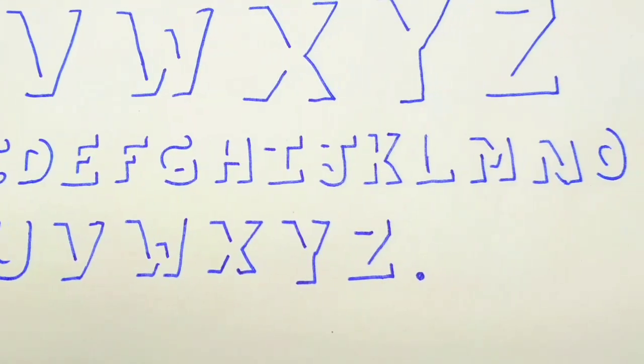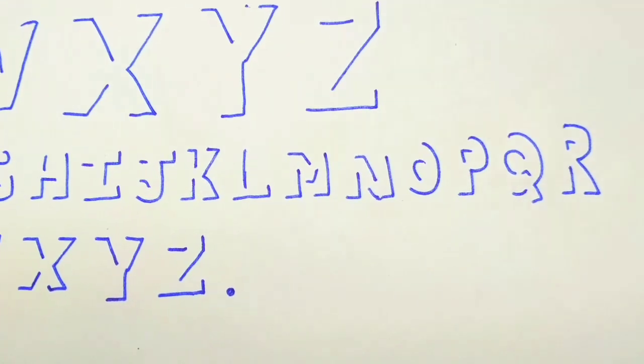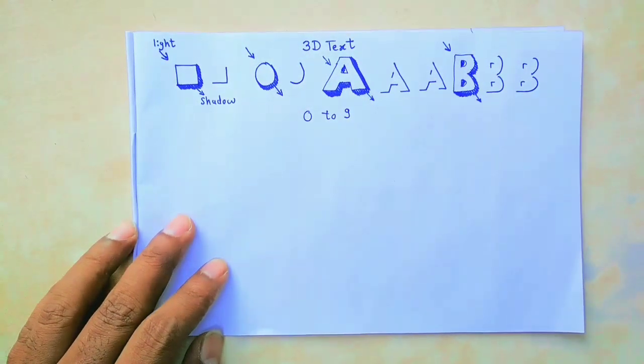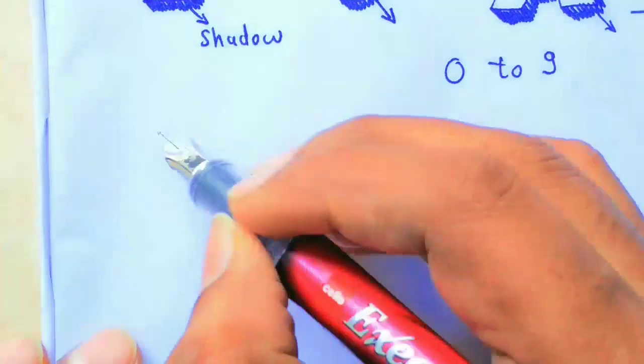Now let's see illusion for numbers 0 to 9. We are going to apply the same rule, just draw the shadow part.